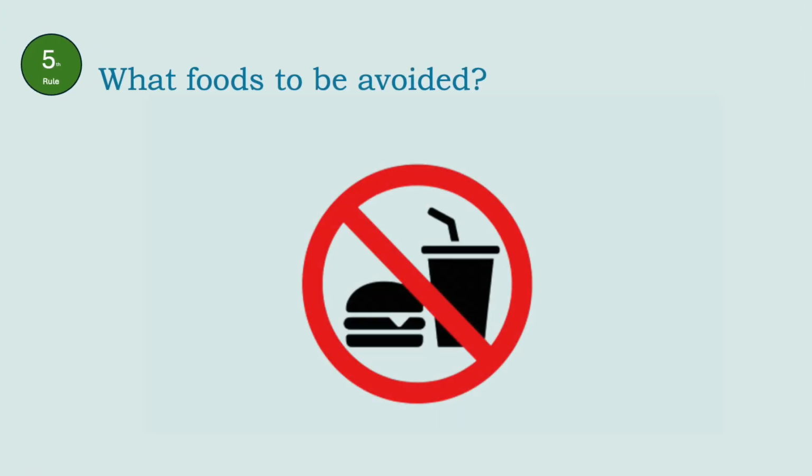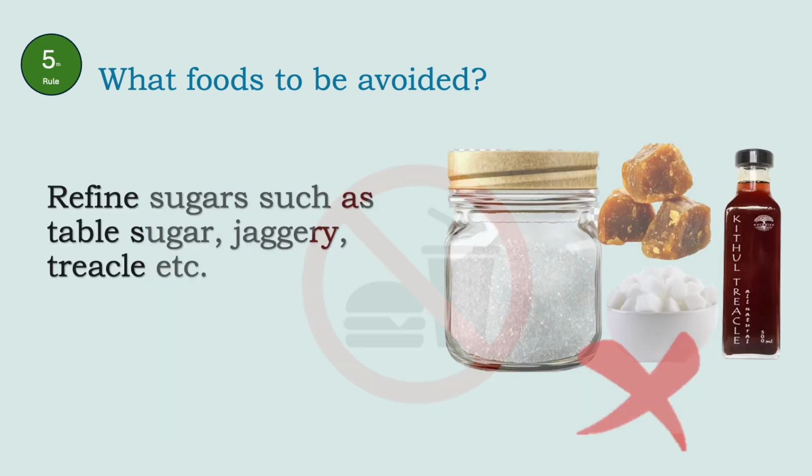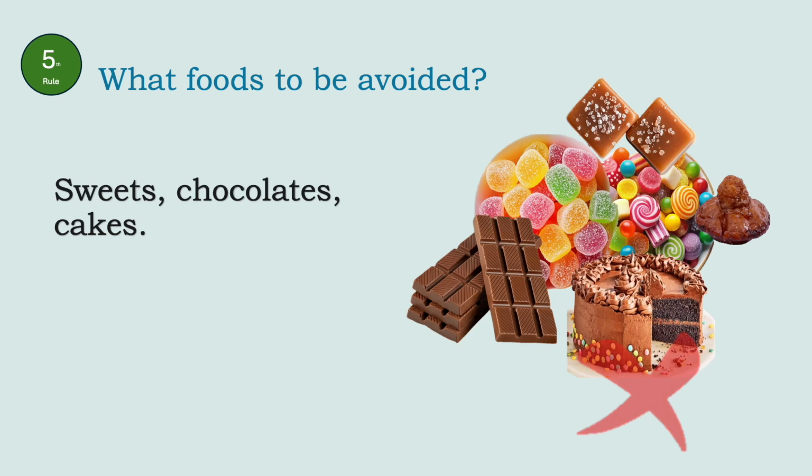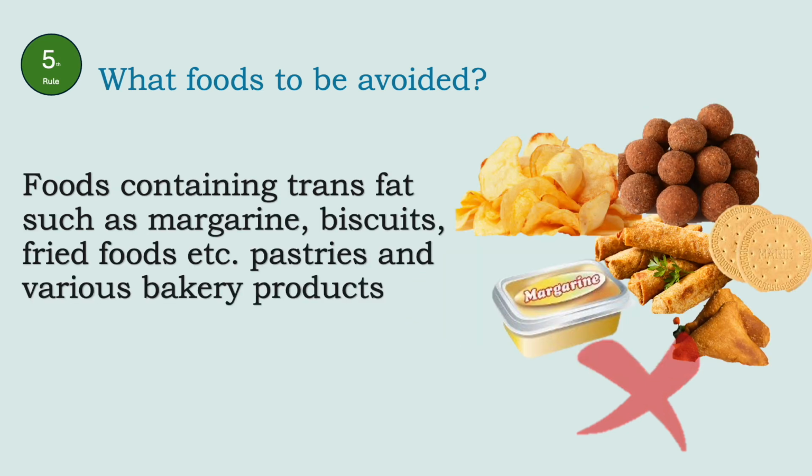The fifth rule is what foods to avoid. Refined sugars such as table sugar, jaggery, treacle etc. Sweets, chocolates and cakes. Foods containing trans fats, such as margarine, biscuits, fried foods, pastries, and various bakery products, shall also be avoided.